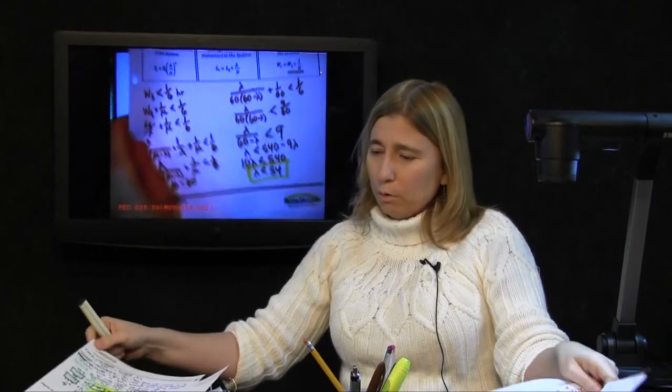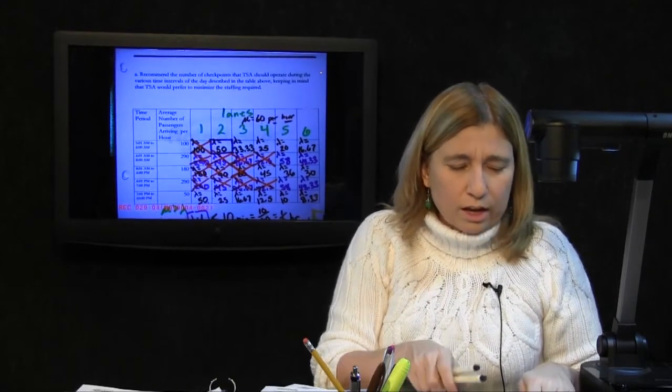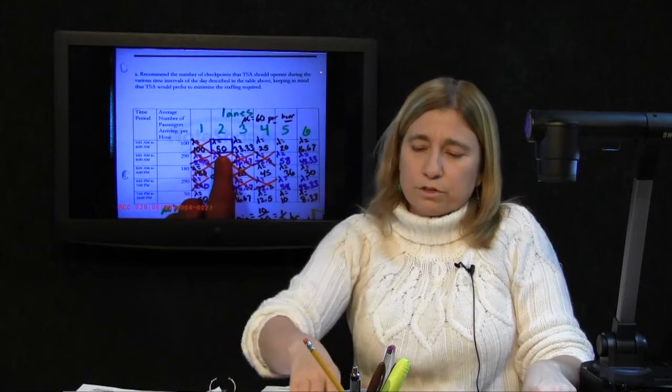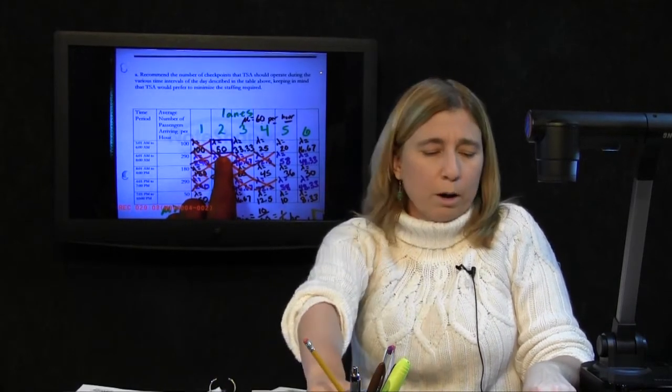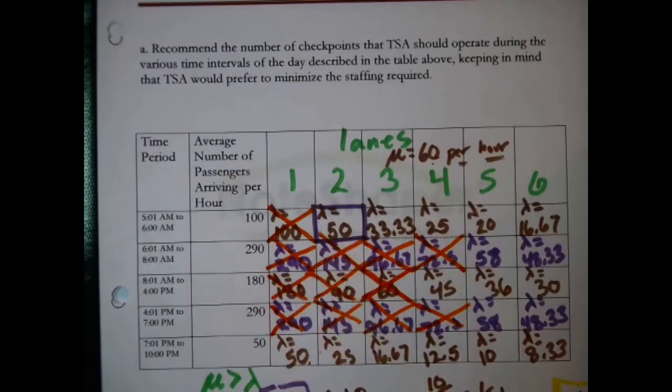Oh, so to solve part B, instead of all this scratch work to check the actual times, I just look at, for instance, this: 50 is less than 54. Perfect, keep it. That's a keeper. Maybe I'll box them in green.